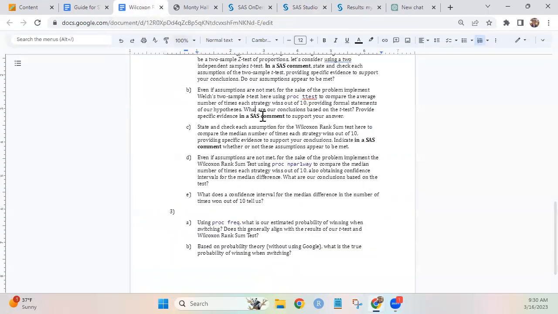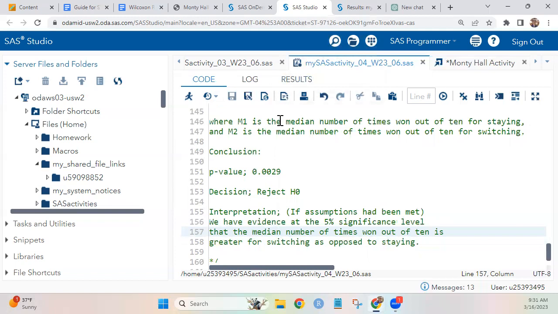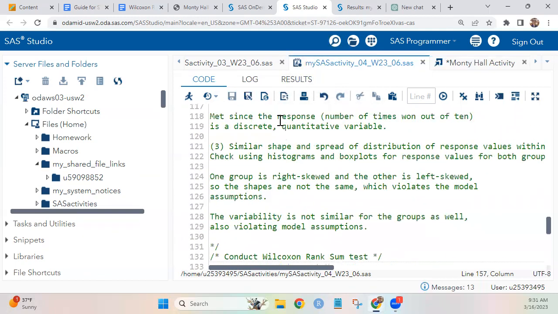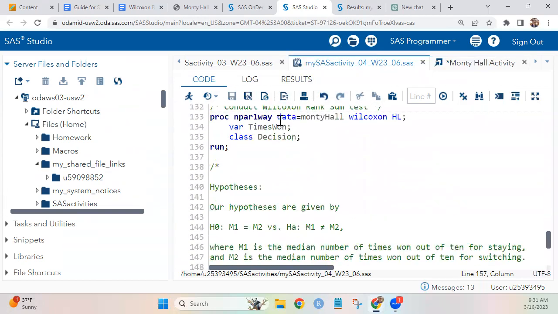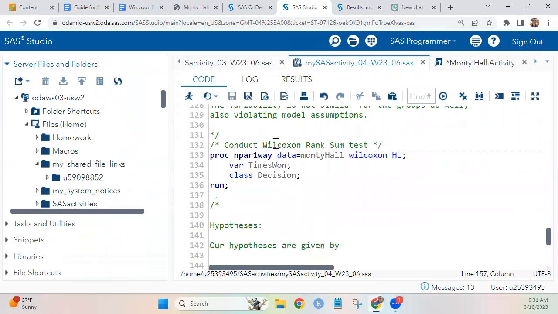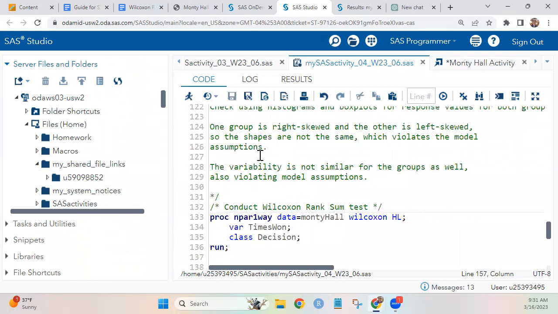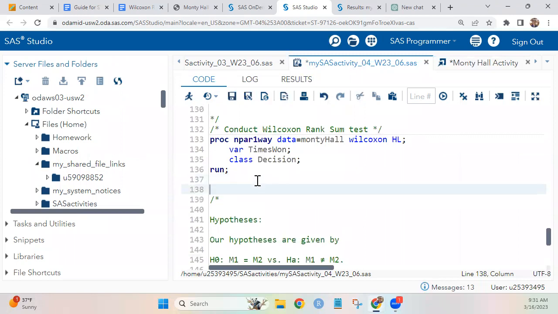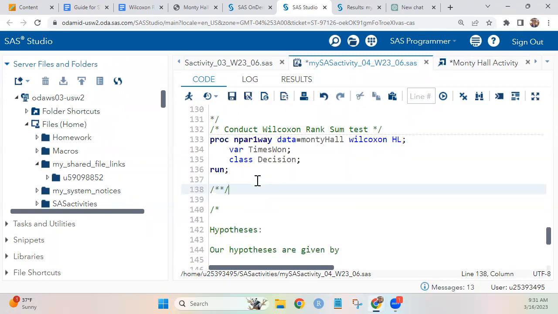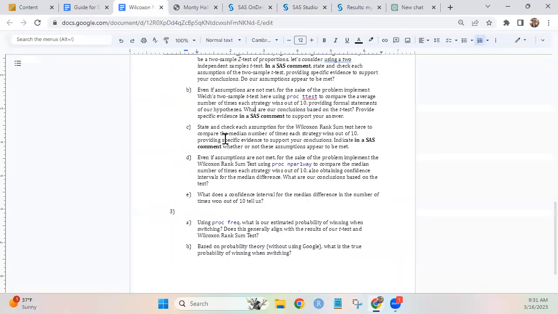So what does the confidence interval tell us? Okay, so that was 2D. Now we're on 2E.